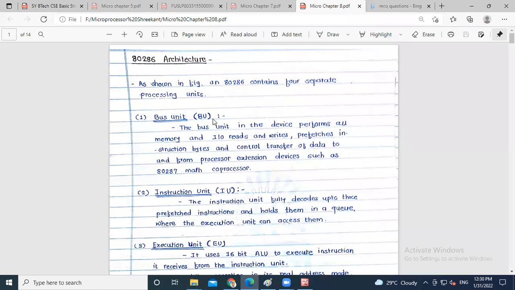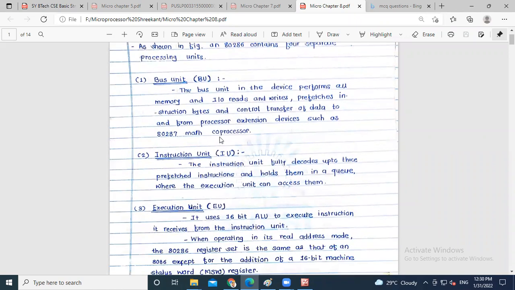So we will go to the first one, the 80286 architecture. Before that, we already studied all the things in the 8086 except only a few features. Bus unit, BU, that is in the 8086. There are two units, right? One is the execution unit and the other is the bus interface unit, which we studied.